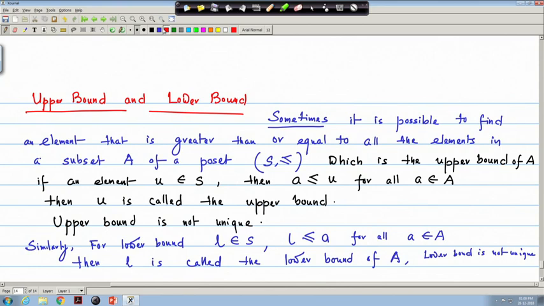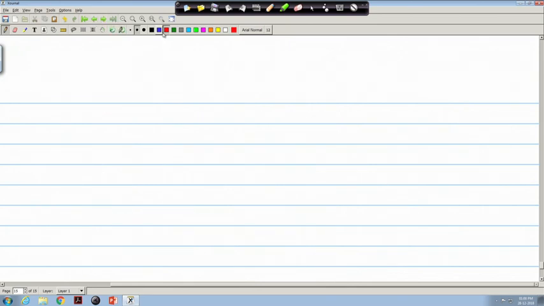So, we get some upper bound of a subset A, and some lower bound of a subset A. We take some examples so that it will be clear how to get the upper bound and lower bound from the Hasse diagram of a poset.